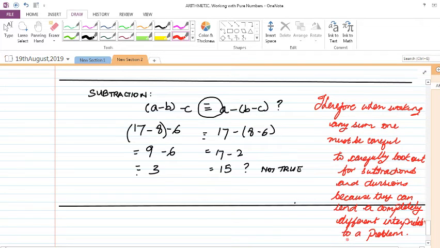As you see in here, if you have subtractions or divisions, just the order could result in a totally different interpretation. So you have to be careful with those things.